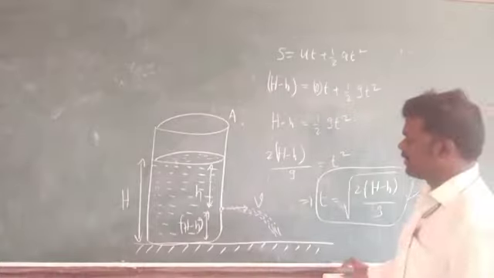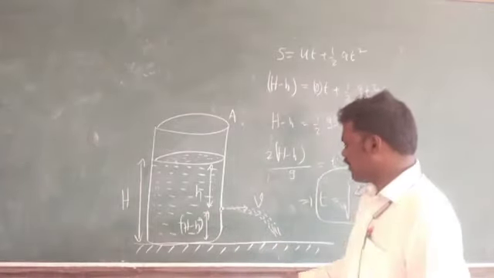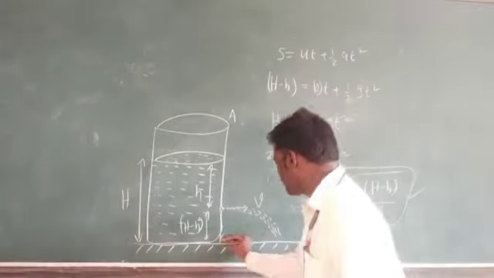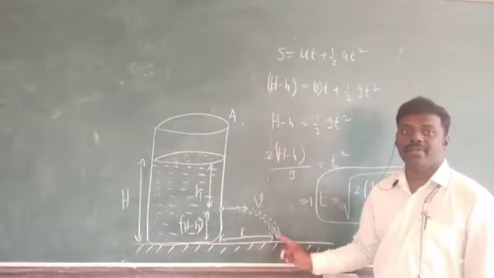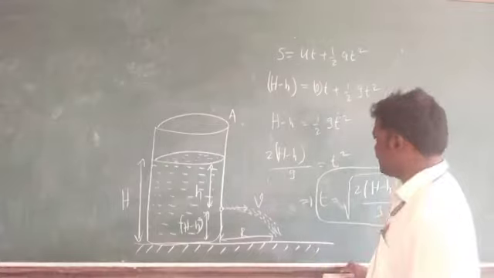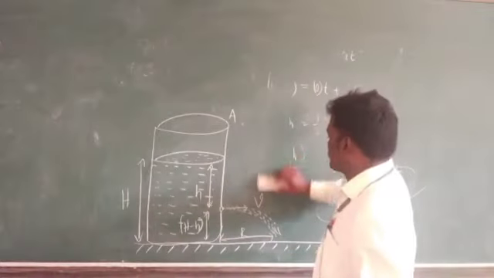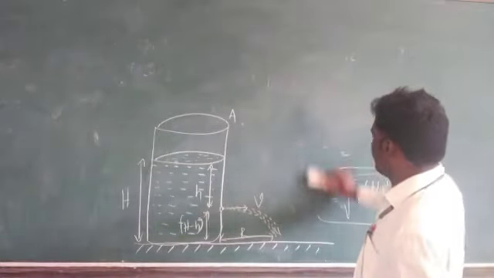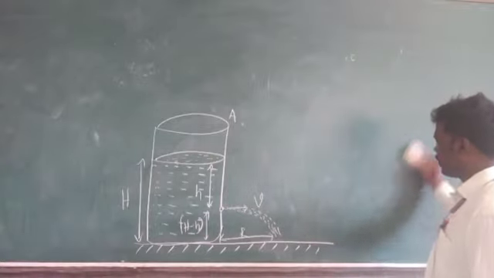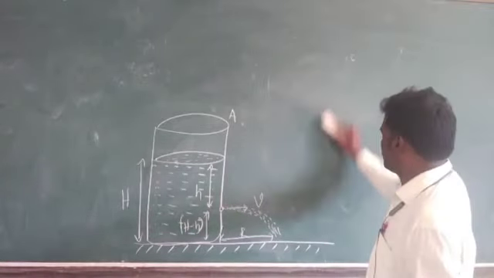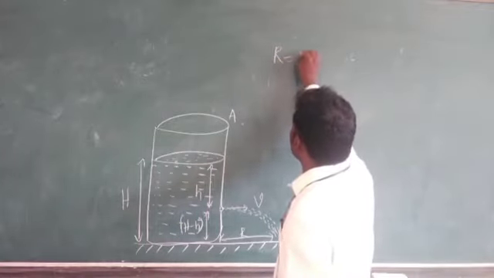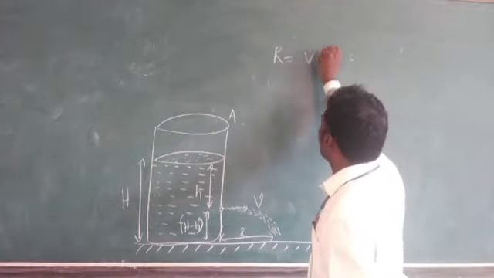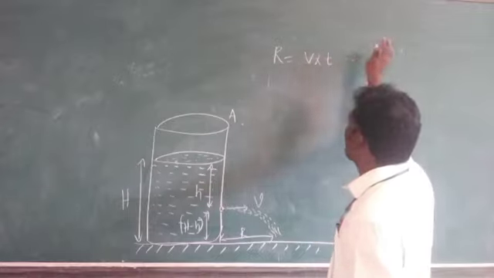Okay. Next one. The fluid is reaching the ground. This is called the horizontal range. We should find out the range as well, that is, from the bottom of the tank to where the fluid reaches the ground. For that, range is equal to velocity into time.